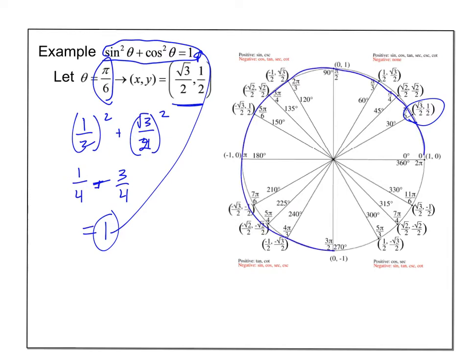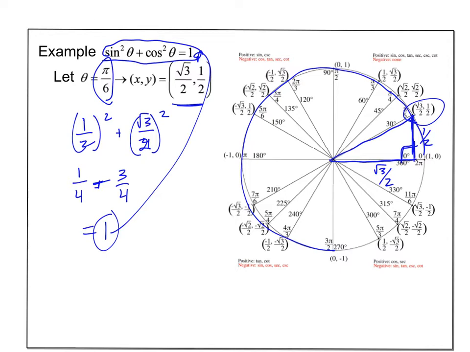The reason for that is that this all stems from the fact that this is a right triangle with a horizontal distance of square root of 3/2 and a vertical distance of 1/2. And then all you did was the Pythagorean theorem.